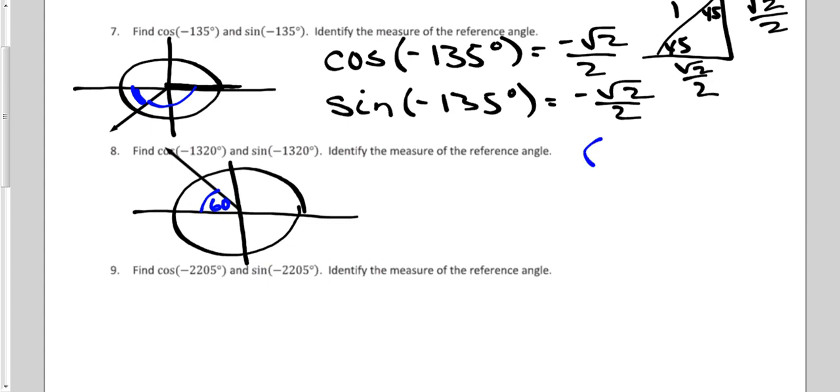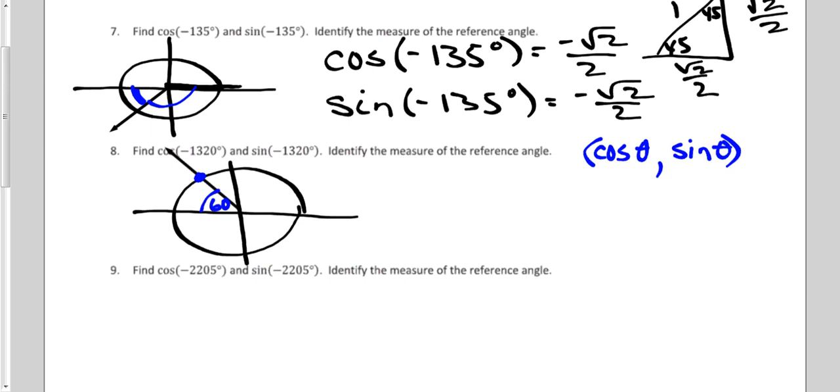Remember, if I labeled this point right here, actually I'll do it in blue, if I labeled that point, it is the cosine of that angle and the sine of that angle. So cosine's always your x value, and sine is always your y value.